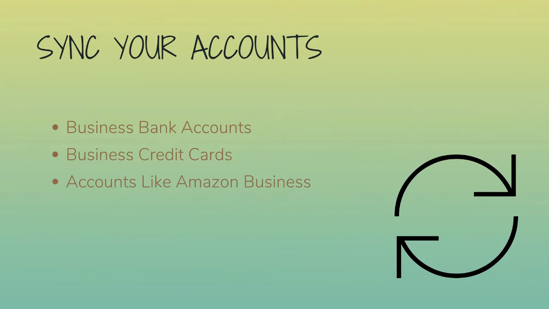Now let's connect your business bank accounts and credit cards. You'll want to, of course, have a separate business bank account from your personal one to stay compliant, make your tax prep and filings easier, and reconciliations less time-consuming every month.